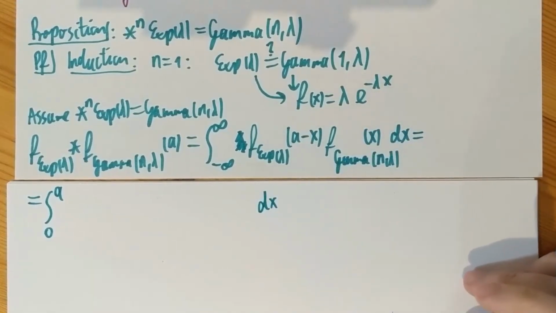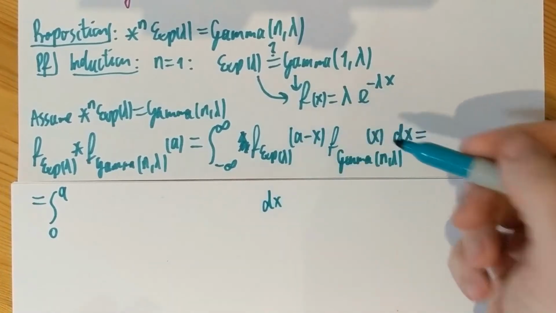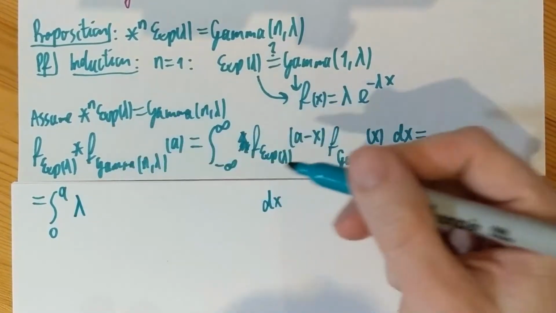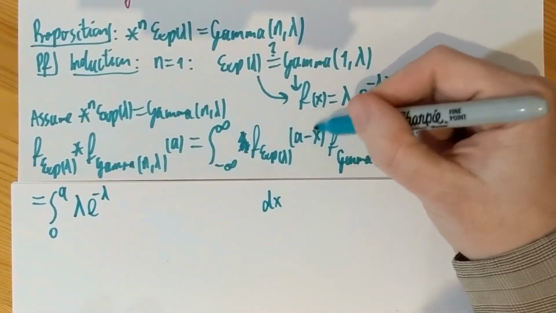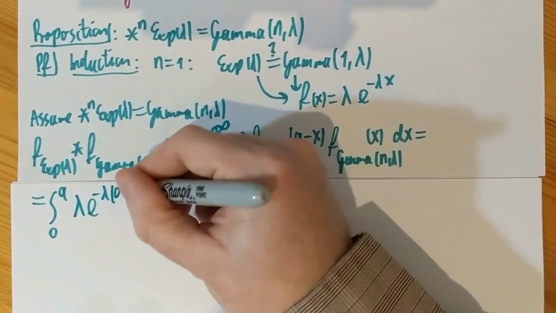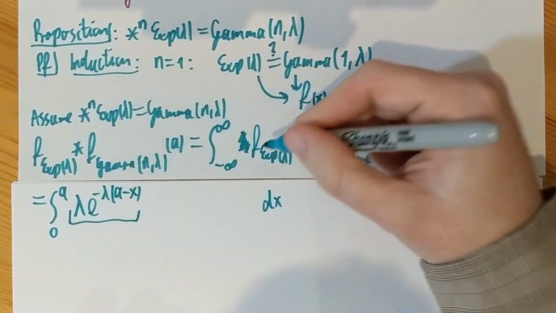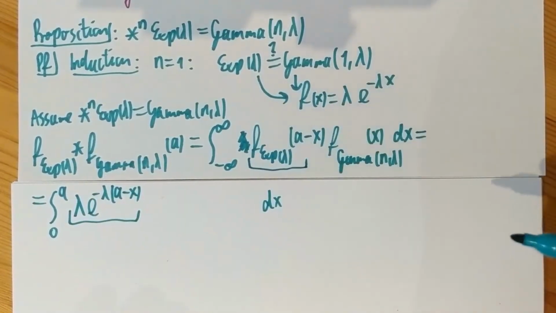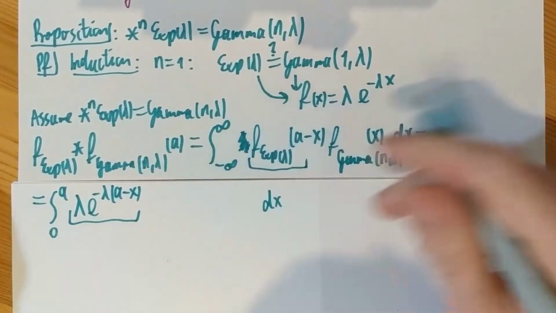And there I can just substitute the formulas I know for the exponential density and for the gamma density. So for exponential I have lambda times e to the minus lambda and whatever I see inside here. So that's a minus x, that's the exponential density. And then for the gamma density I just copy what I had before.